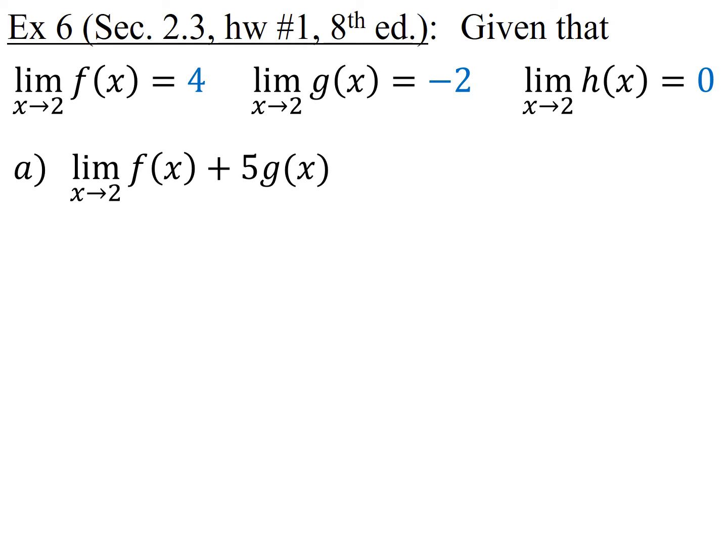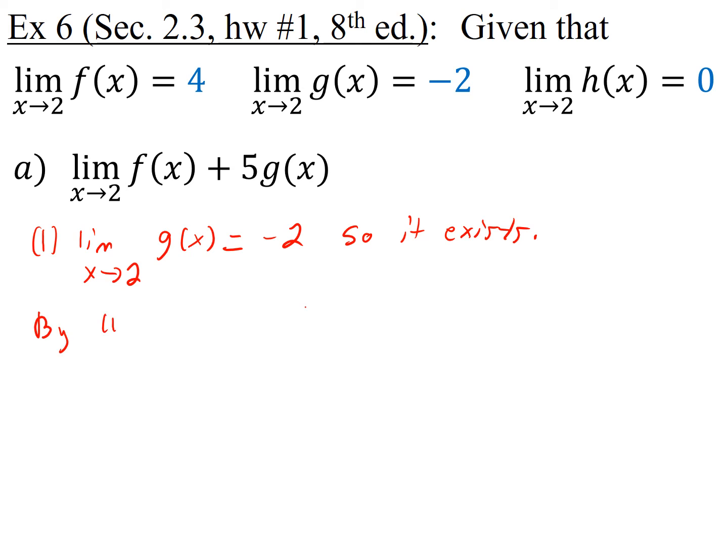Okay, so we want to first deal with the 5g. Okay, so let's write this down. The limit as x goes to 2 of which function? I want to get to 5g, so I have to write g first. So the limit as x goes to 2 of g is negative 2, so it exists. Call that 1. So by 1, we have what I'm going to call 2.